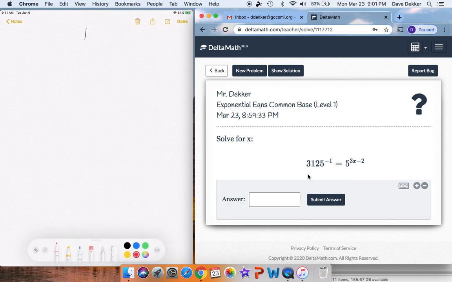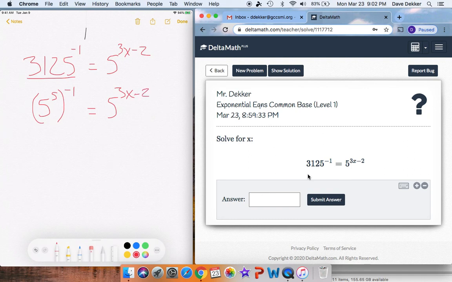So if I start out with 3,125 raised to the negative 1 power, and that's going to equal 5 times 5 to the 3x minus 2 power. What I just did on my calculator was figure out that this number right there is actually 5 to the 5th. So that's 5 to the 5th, but it's still raised to a negative 1 power. And over here I haven't changed anything.